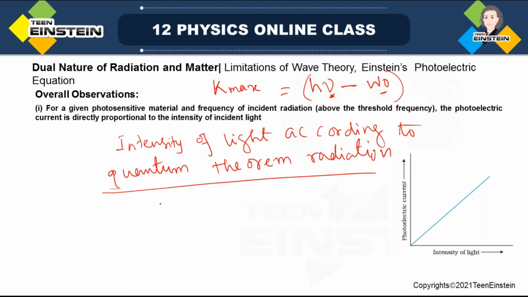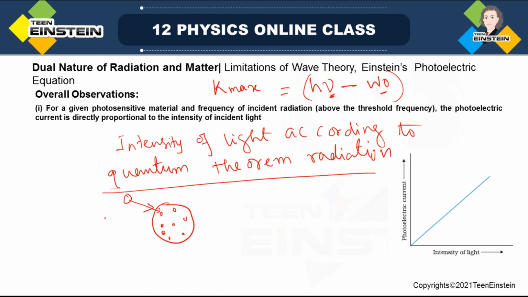Since photons are thought of as particles, suppose this is a metal surface and you have free electrons like this. We have assumed that radiation is some kind of particle, and at a time one particle can interact with a single electron only.